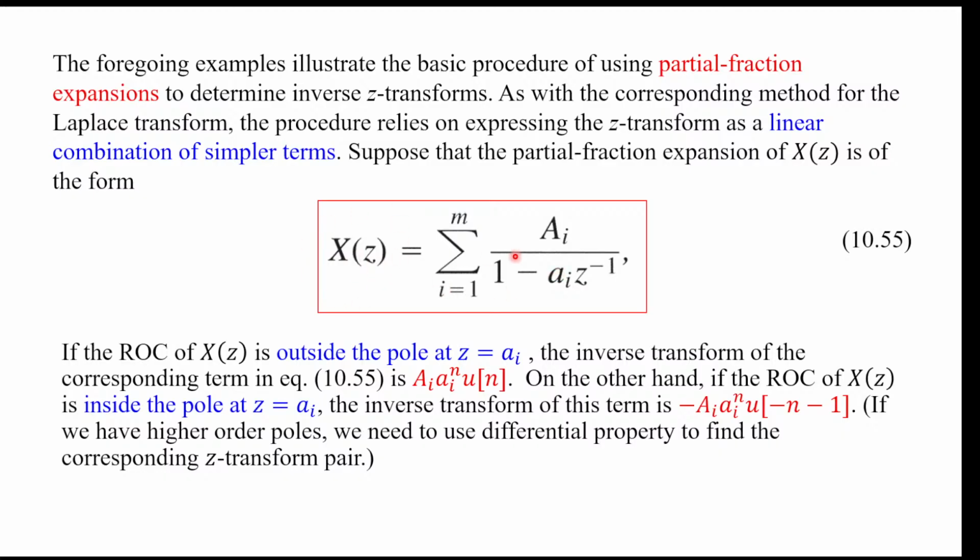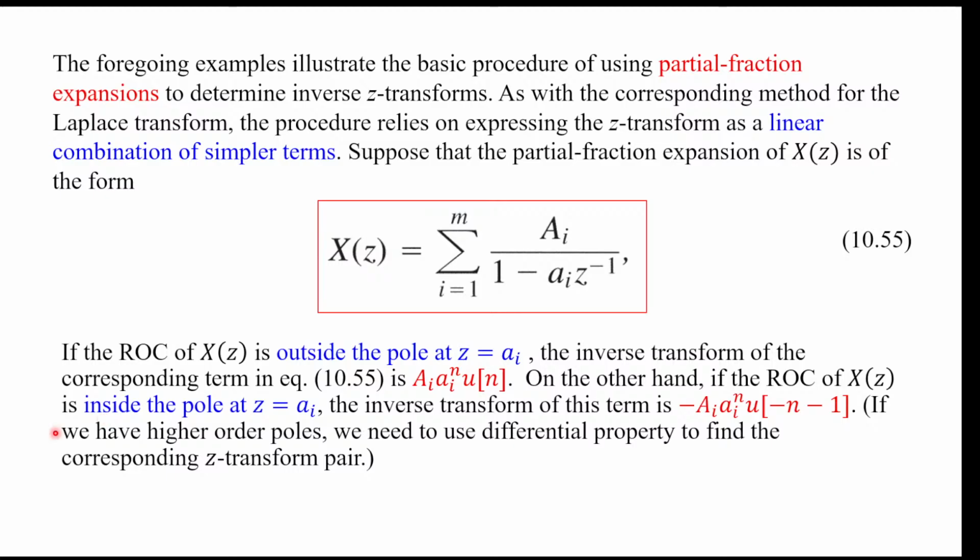So if x of z is a linear combination of 1 over 1 minus a z minus 1, basically we do a partial fraction expansion in terms of z minus 1, and if every term is order 1, then we know how to do the inverse transform, because those terms have a pole at z equal to a. If the ROC is outside a, then you inversely transform to a to the n u of n, and if the ROC is inside a, then you inversely transform to minus a to the n u of minus n minus 1, and then just take the linear combination and go back.